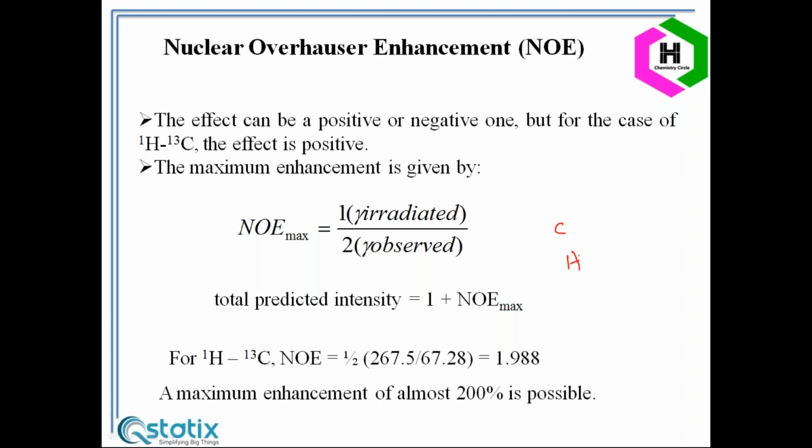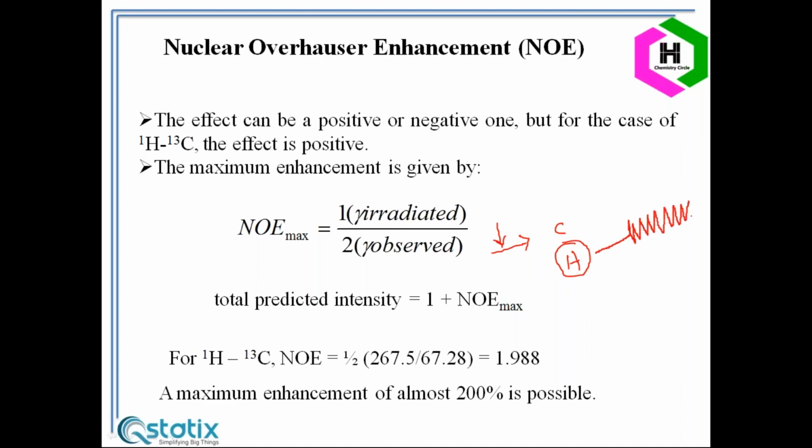When you have carbon and hydrogen, we give one frequency and irradiate the hydrogens. We give this frequency in such a way that it irradiates all the hydrogens at the same level of frequency.